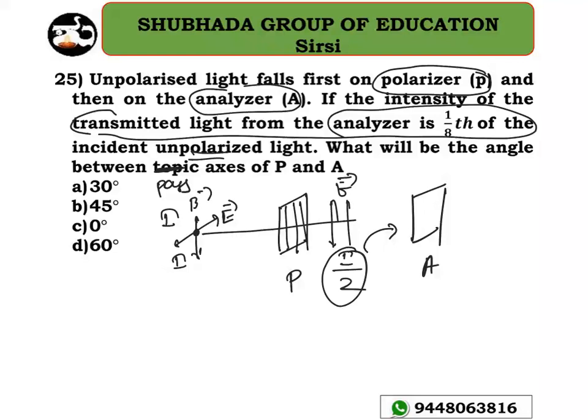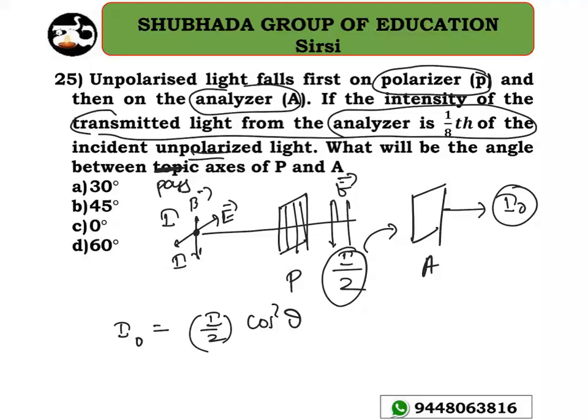If the intensity of the transmitted light from the analyzer is 1 by 8th, assume it is I naught, the intensity of light transmitted by the analyzer. I naught equals the intensity of the incoming light, I by 2, into cos square theta. Theta is the angle between the pass axes of the polarizer and analyzer.